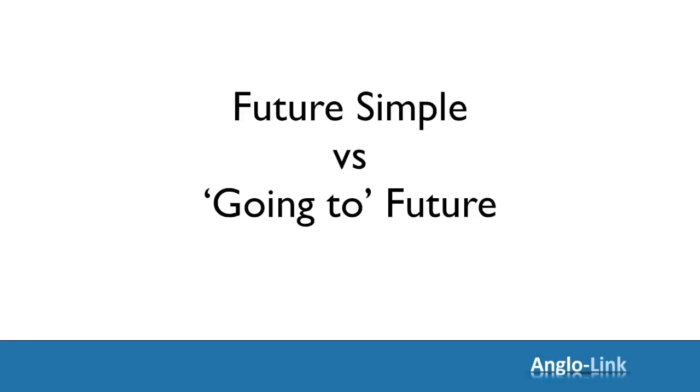Right, future simple and going to future. Let's look at formulation first. Now, future simple is really the simplest tense in English. Just add will to your pronoun and then the infinitive. So, I'll do it.